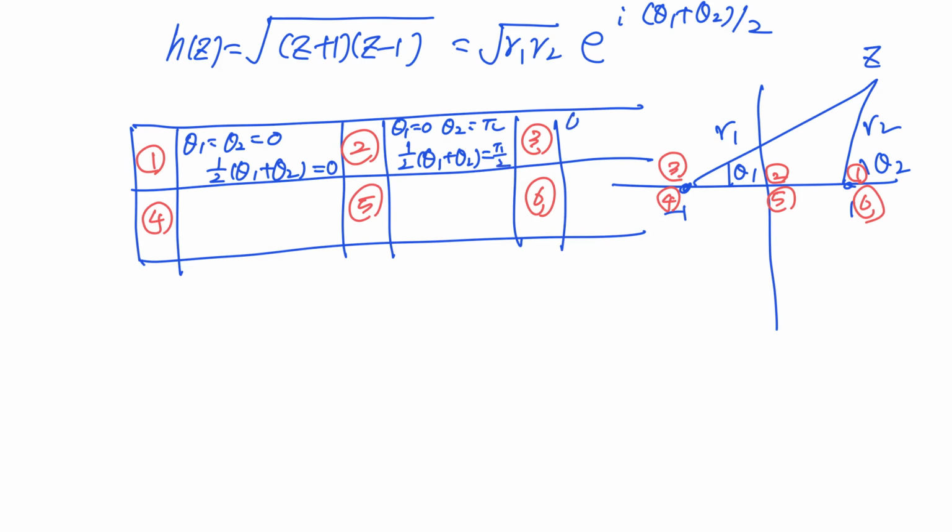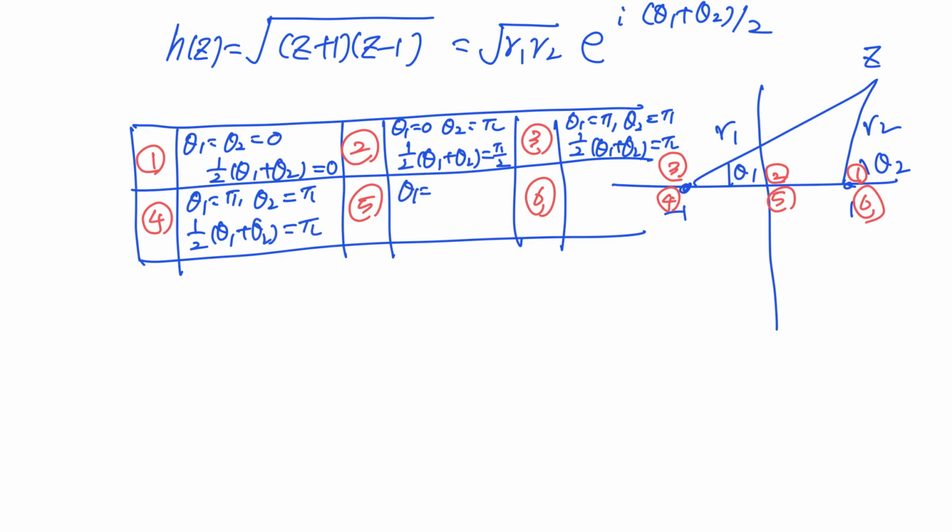Theta 1 is pi, theta 2 is pi, 1/2 theta 1 plus theta 2 is equal to pi.